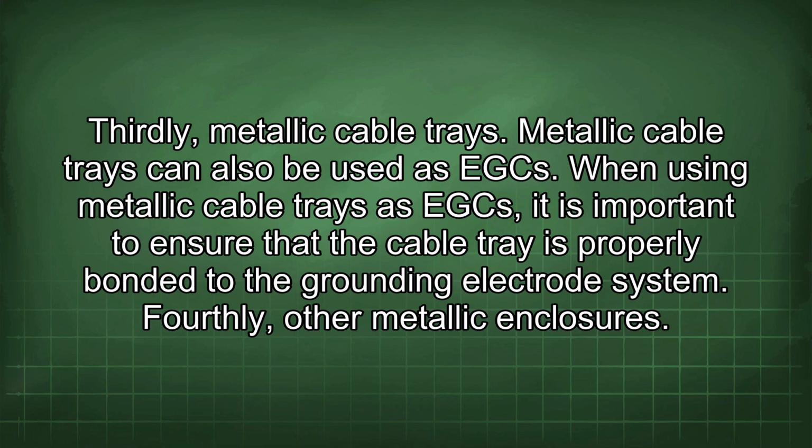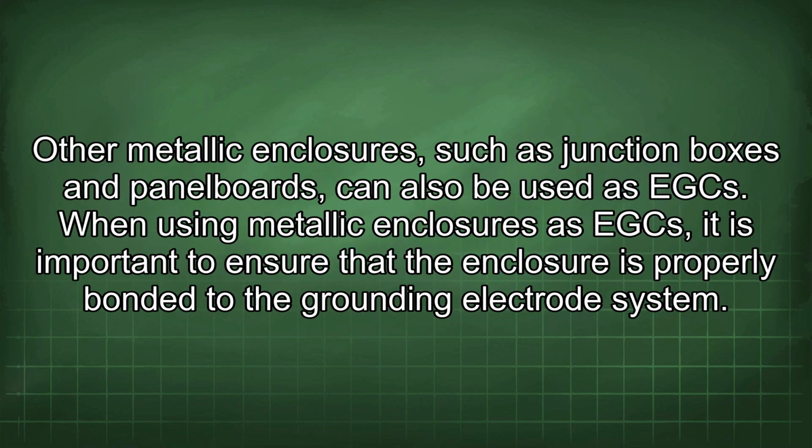When using metallic cable trays as EGC, it is important to ensure that the cable tray is properly bonded to the grounding electrode system. Fourthly, other metallic enclosures. Other metallic enclosures, such as junction boxes and panel boards, can also be used as EGC. When using metallic enclosures as EGC, it is important to ensure that the enclosure is properly bonded to the grounding electrode system.